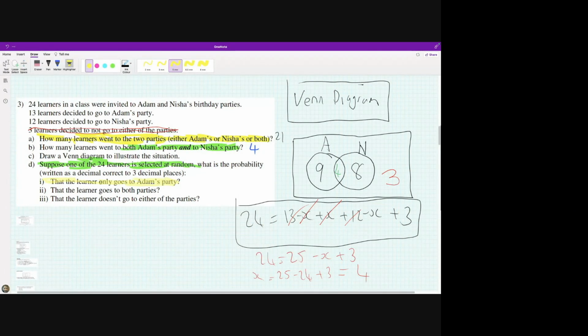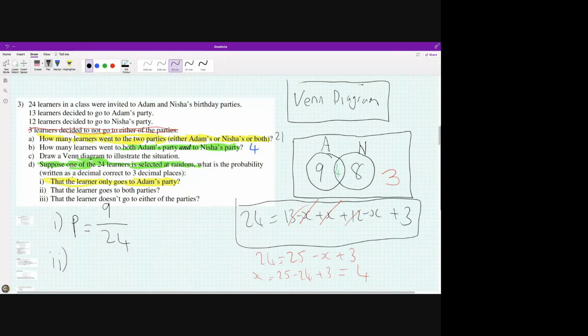So, if there are 24 students in total, I know it's going to be out of 24. How many of the students only go to Adam's party? It's going to be 9 out of 24, because if I included the 4, they go to 2 different parties. They're going to both parties.